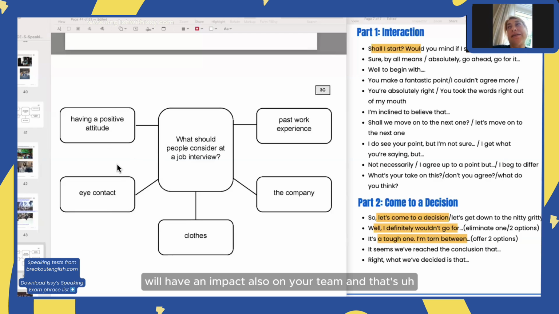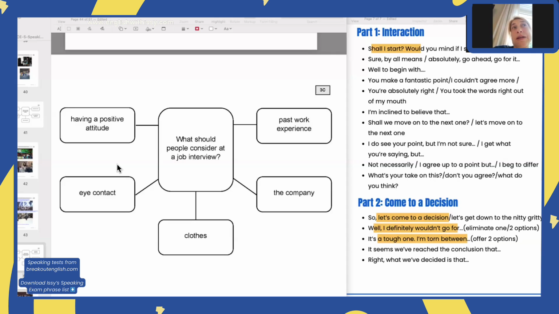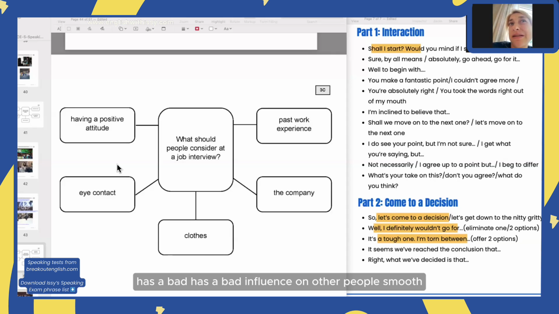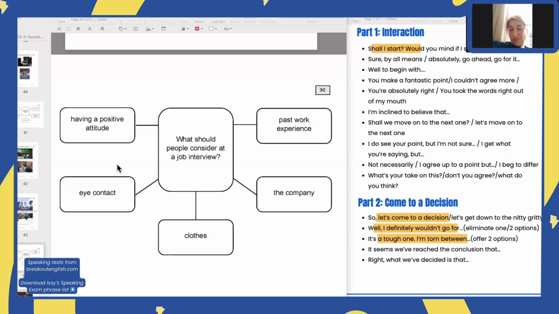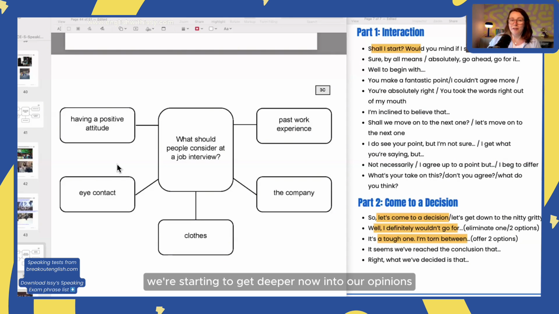And by the same token, a negative or low spirit has a bad influence on other people's mood. Good. We're starting to get deeper now into our opinions, which is really good.